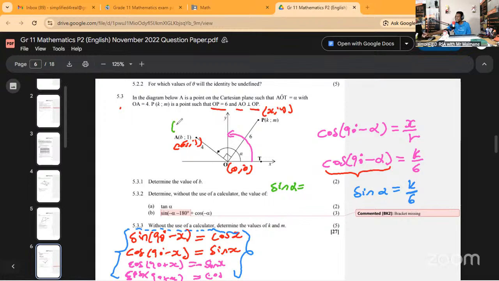After we simplified b, we ended up having sine alpha plus cos alpha, of which some of you got a negative. What was sine alpha in that instance when we were solving it there?